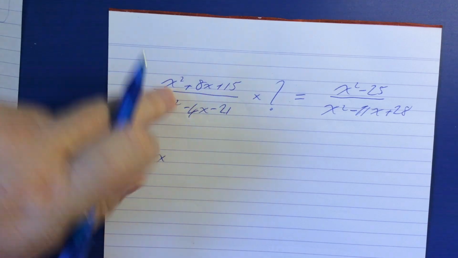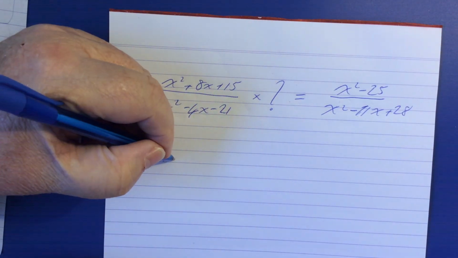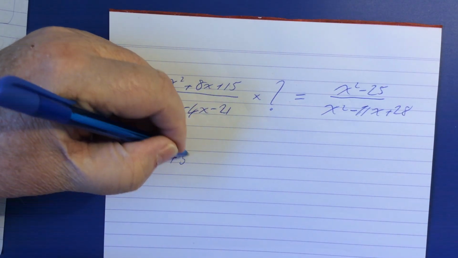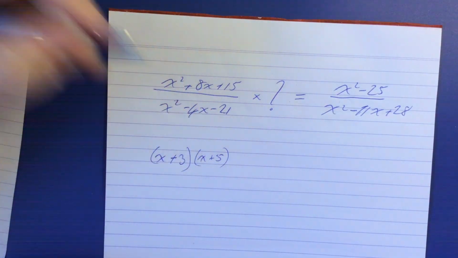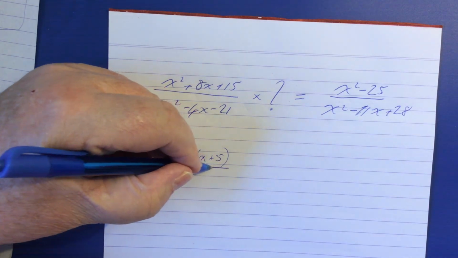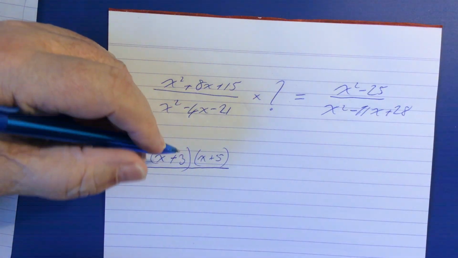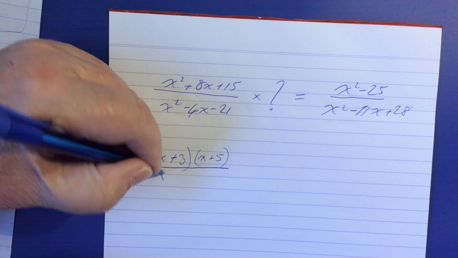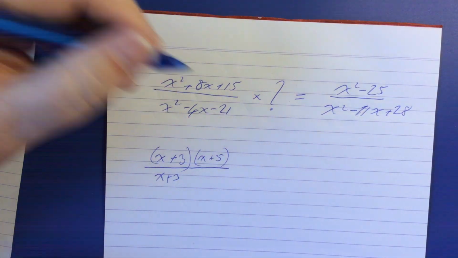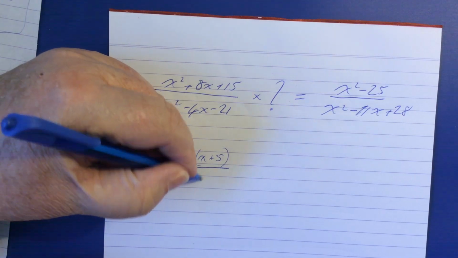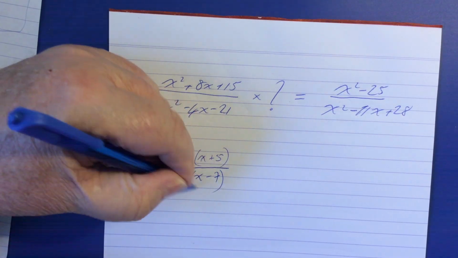If we factorize this, we get x plus 3, x plus 5. And if we factorize the denominator, we get x plus 3 and x minus 7.